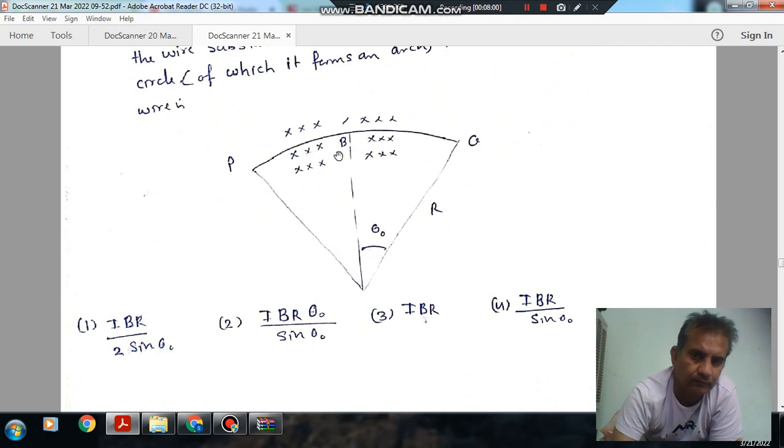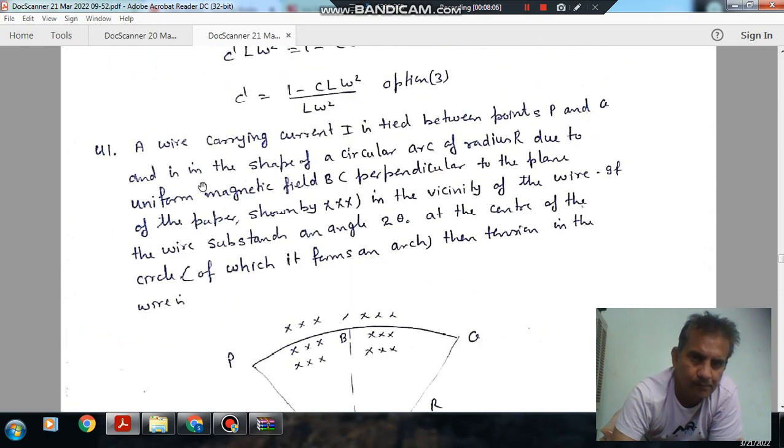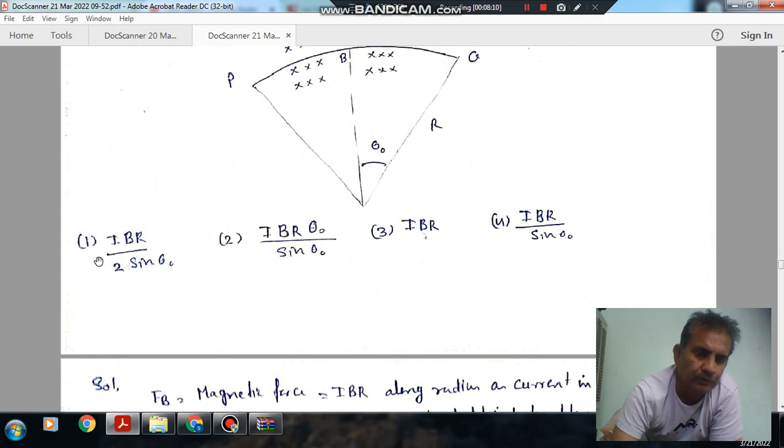Okay, this is the wire and this is the magnetic field. Option 1 IBR divided by 2 sin theta naught. Option 2 IBR theta naught divided by sin theta naught. Option 3 4 IBR by sin theta naught.